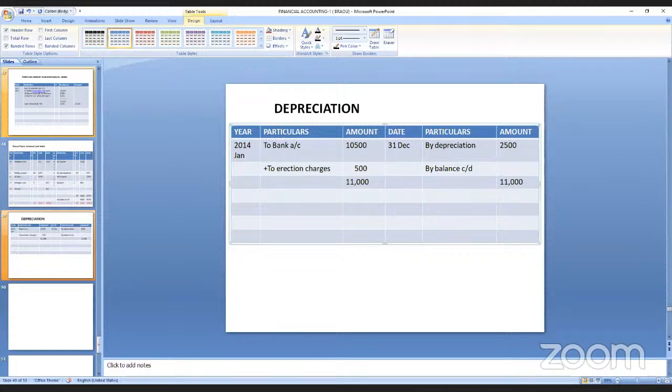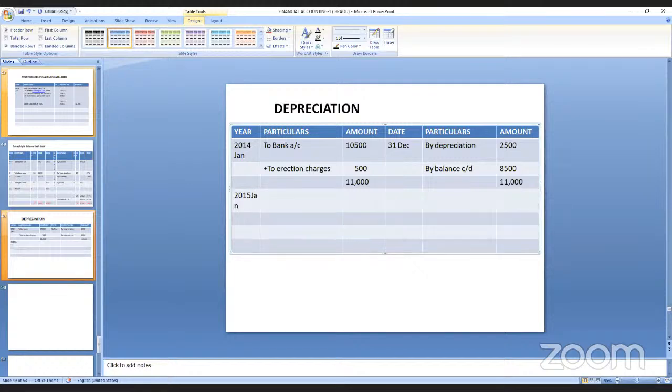It is 8,500. And this 8,500, for the next year, 2015 January, you have to bring that down.